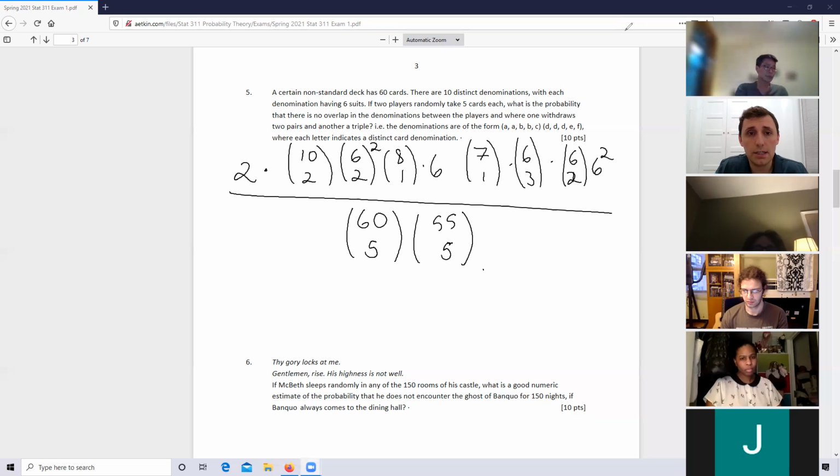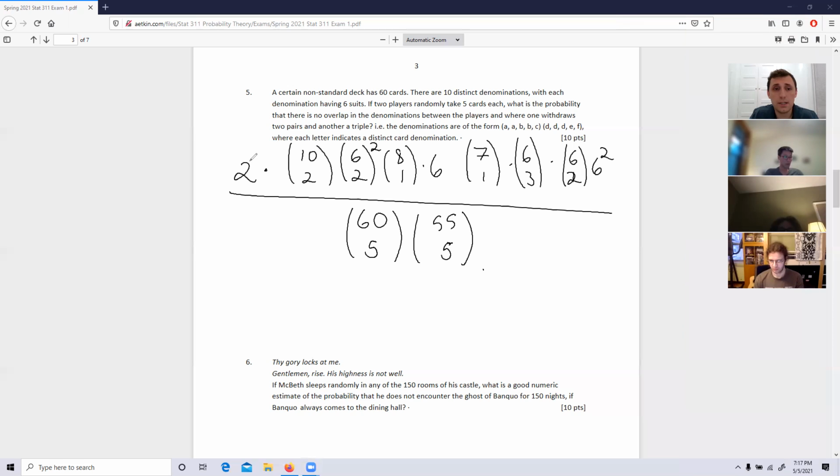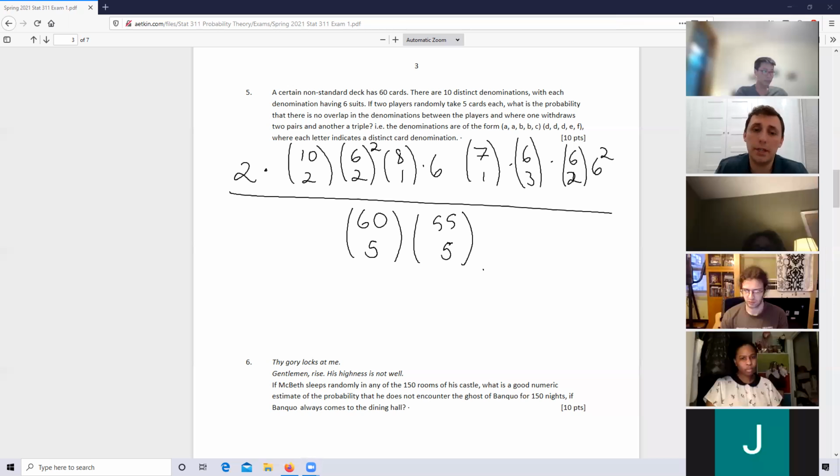The 2 at the start is because it's either player 1 or player 2. So the way I think of it, guys, I just didn't write it, but I think of a success protocol. So one person got 2 pairs, the other person got a triple, and they don't overlap. So in my success protocol, I say, okay, first box, I write which player got the pair.